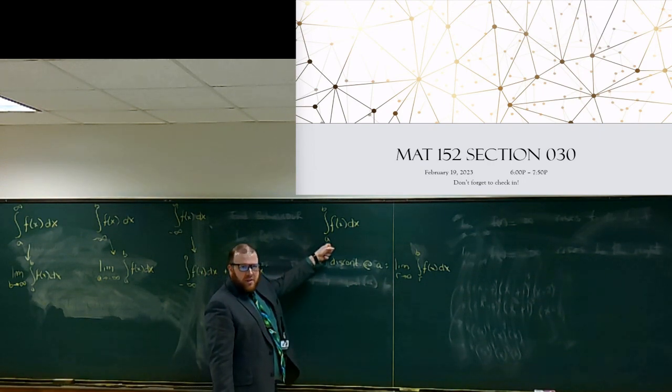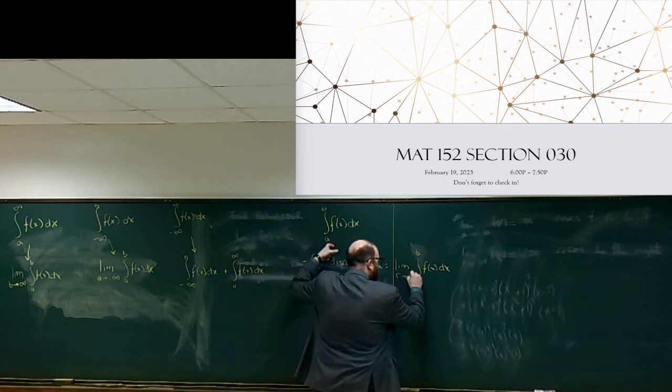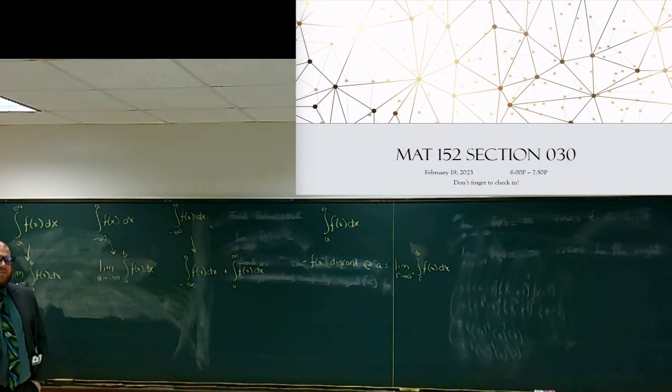But a is the lower limit, right? Do we care about values less than a? Which means there's a right-handed limit only. We're in the interval a to b. Values less than a we don't care about.